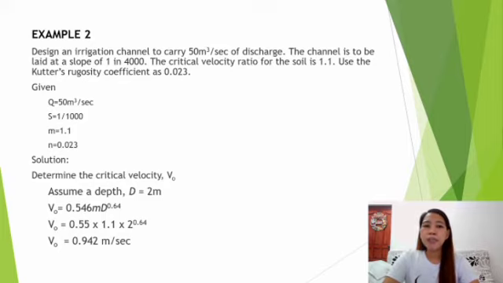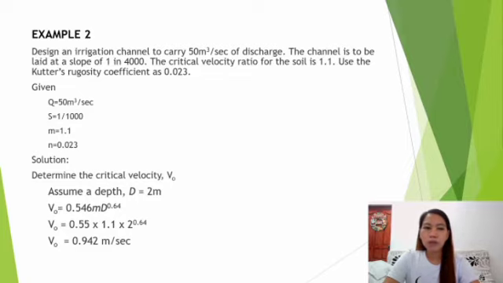The next step is to get the critical velocity. Given the formula from Kennedy, critical velocity is equal to 0.546 m times D to the power of 0.64. Just substitute, and we come up with a critical velocity of 0.942 meters per second.